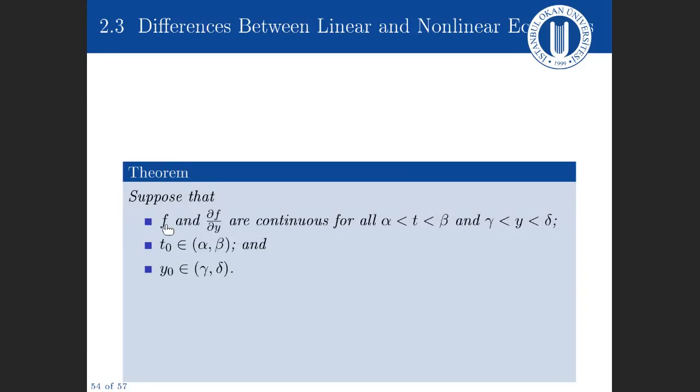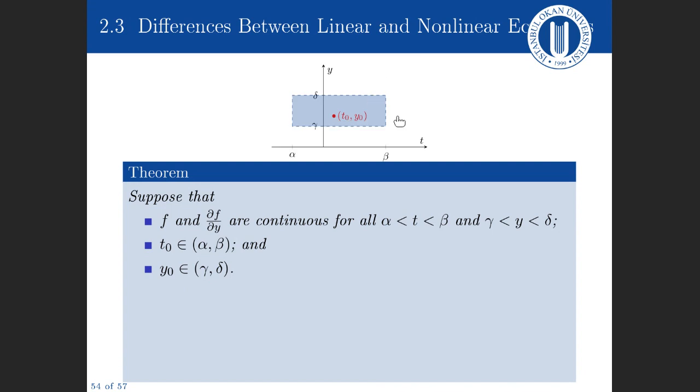Suppose now that f and df/dy are continuous on a rectangle. In other words, for t between alpha and beta and y between gamma and delta. Let's suppose that t0 is some point between alpha and beta, and suppose that y0 is some point between gamma and delta.